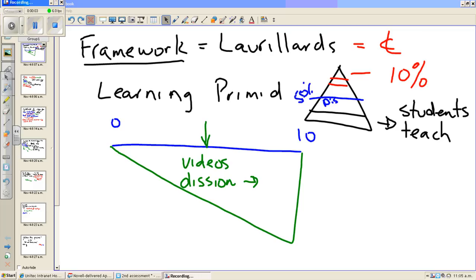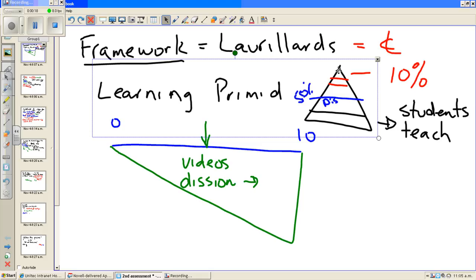So my framework's Laurillard's conversational framework, and yours is? Mine's using the learning pyramid, and we're looking at various aspects of the learning period. At the top of the pyramid here, as we know, is only 5% that is taken in from the students.